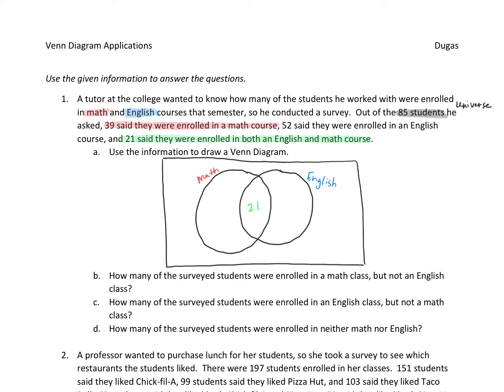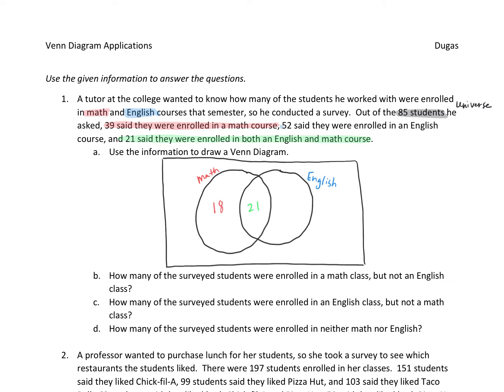And that's going to tell me how many were in only math. So if I do that subtraction, it looks like I'll get 18. Now notice that if I do 18 plus 21, I will get 39. And that's how many should be in that math circle altogether. So that works out.